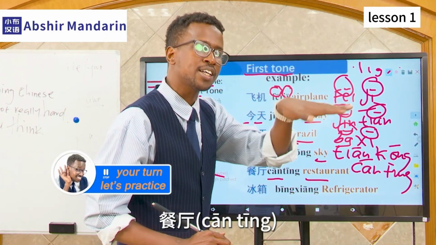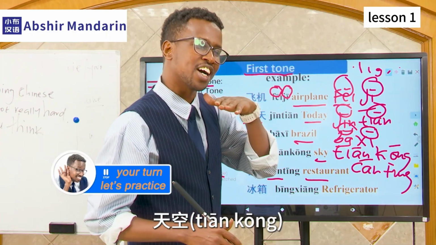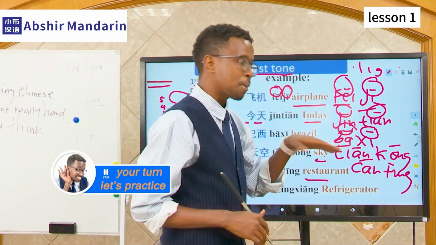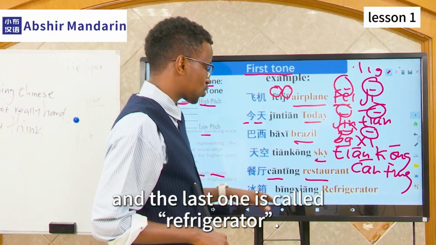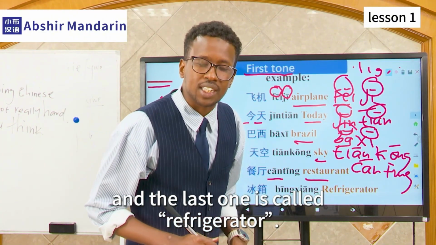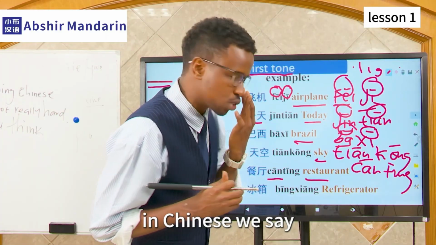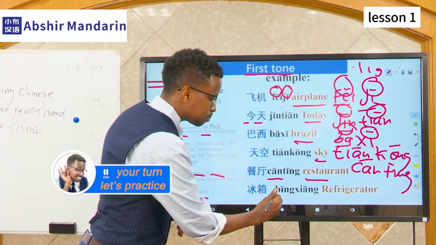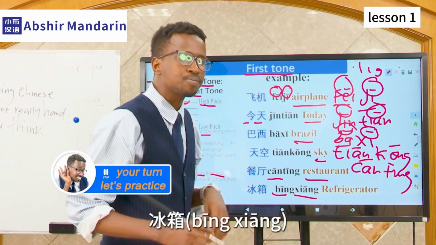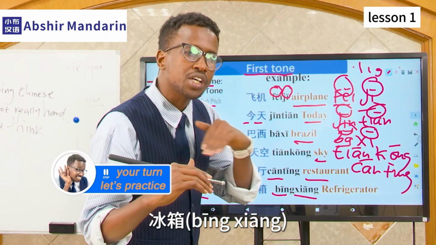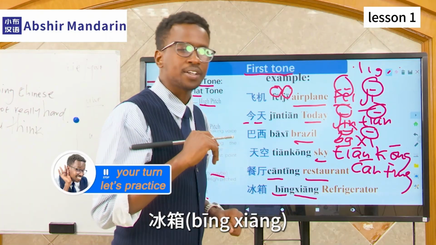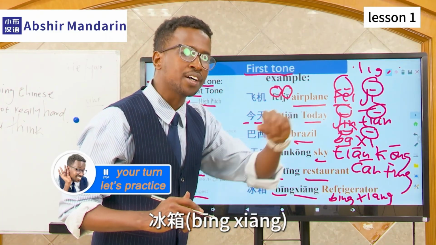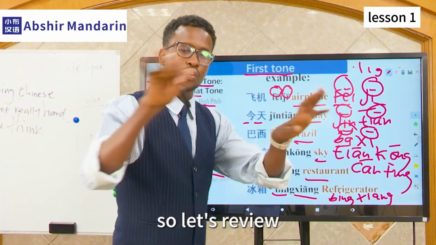San ting, tian kong, ba xi. And the last one is refrigerator. Do you know how to say refrigerator in Chinese? We say bing xiang, bing xiang. So let's review one time.